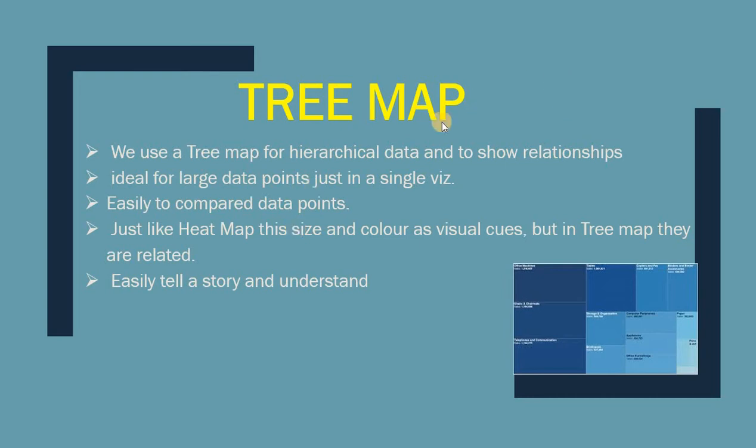But the difference is that a tree map is a hierarchy of data that shows relationships as well. So these are like one of each in one. Maybe these three are in one group, and these are in one group, like that. So we can have a hierarchy put into one single visualization. We will see this as well when we see the practicality of that.